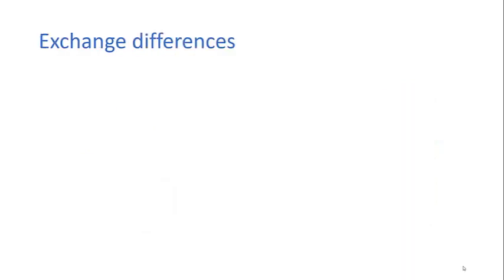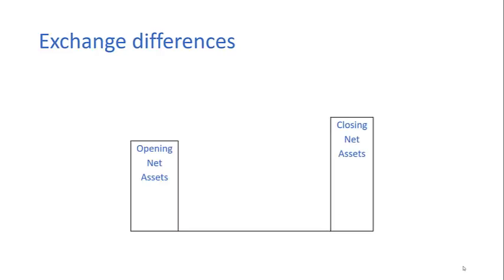In terms of how the differences arise, it's probably quite good to think about this, as I think it will cement how the rules work. Exchange differences are going to arise for two main causes. If we think about a set of financial statements as having an opening balance sheet and a closing balance sheet, net assets, book value of equity.